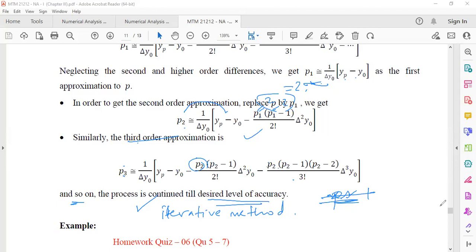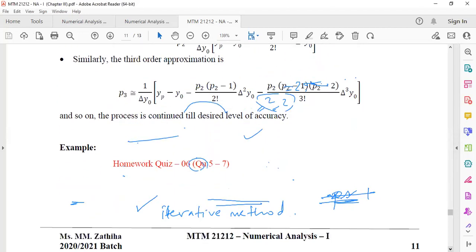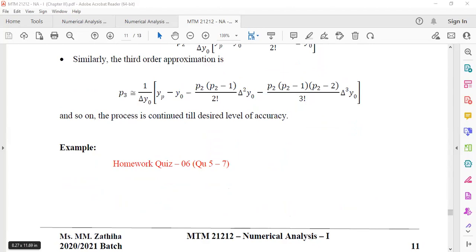So let's do one of the examples so you will understand. Take your homework quiz number 6. Questions 5 to 7 are regarding this iterative method.